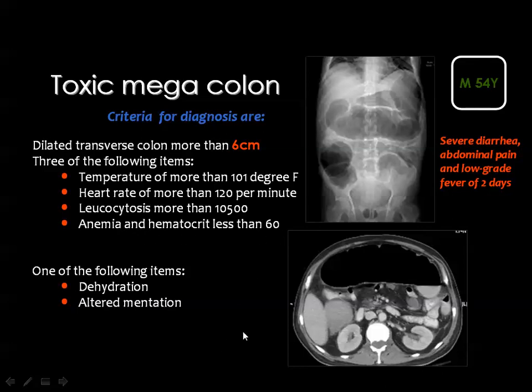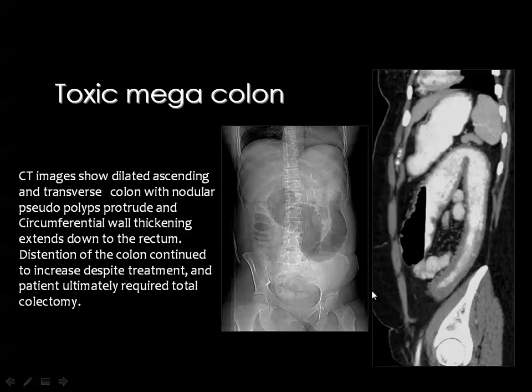Then one of the following items, like dehydration and altered mentation, may also be seen in these patients. And you see here the transverse colon, which is markedly dilated, and this is a sagittal reconstructed image of the abdomen, showing considerable dilatation of the transverse colon.